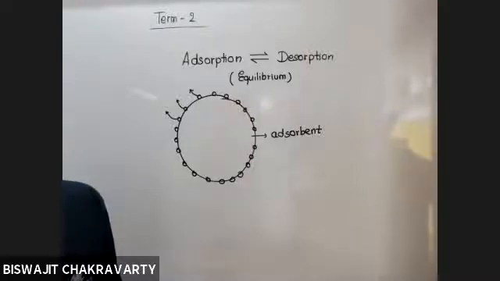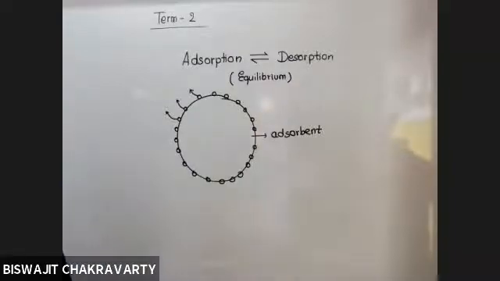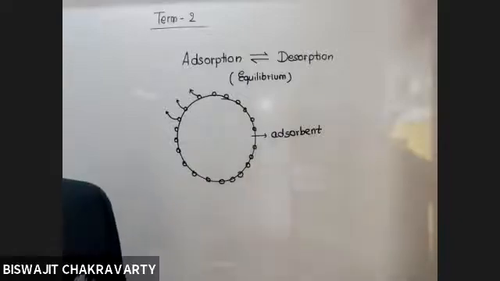Can you tell? Anyone? Sir, at equilibrium the rate of adsorption and the rate of desorption become equal. Yes, the rate of adsorption and the rate of desorption becomes equal. So at equilibrium, even though the processes are still going on, you cannot make out the difference.